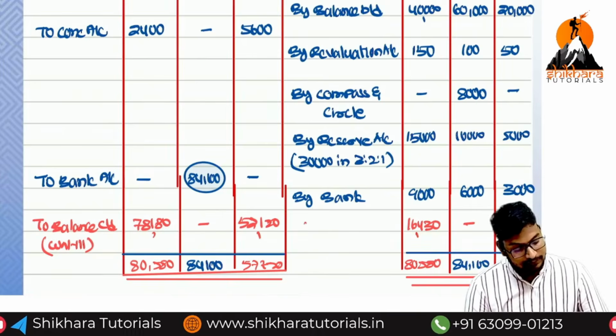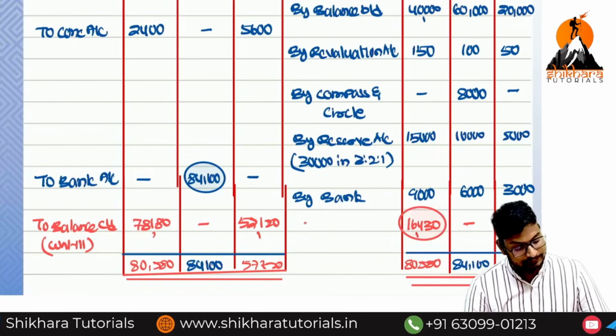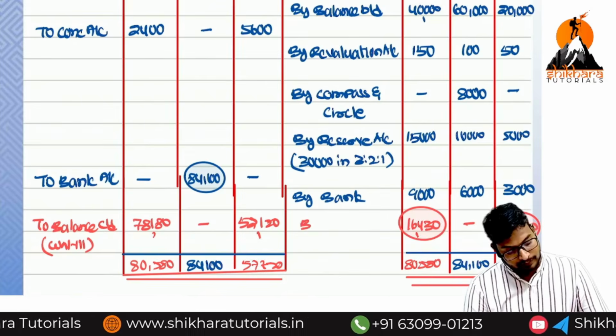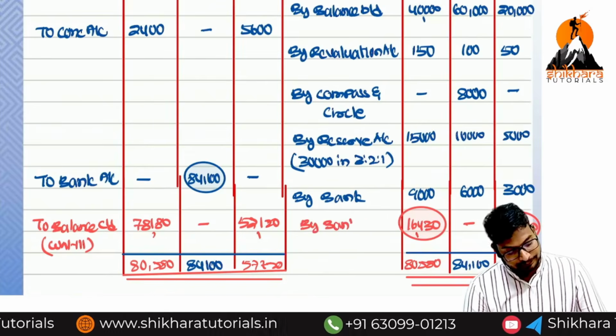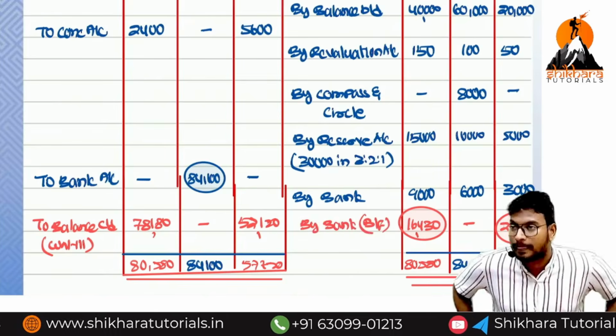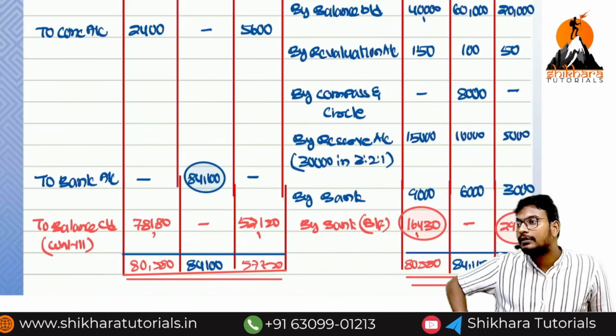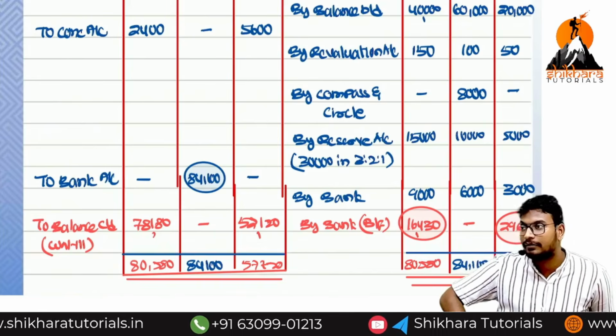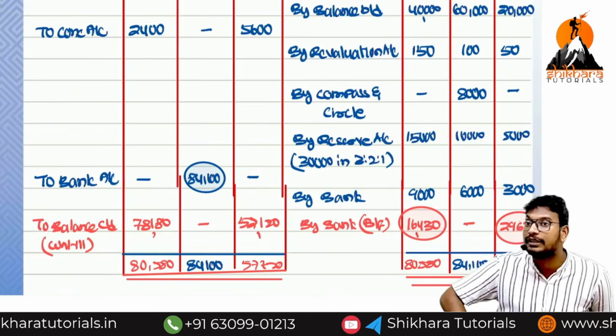You know, these are the balancing figures by bank. Guys, are you getting the point or not? Okay, now we are repaying the partners' capital, and we are also maintaining the 20,000 as a balance.